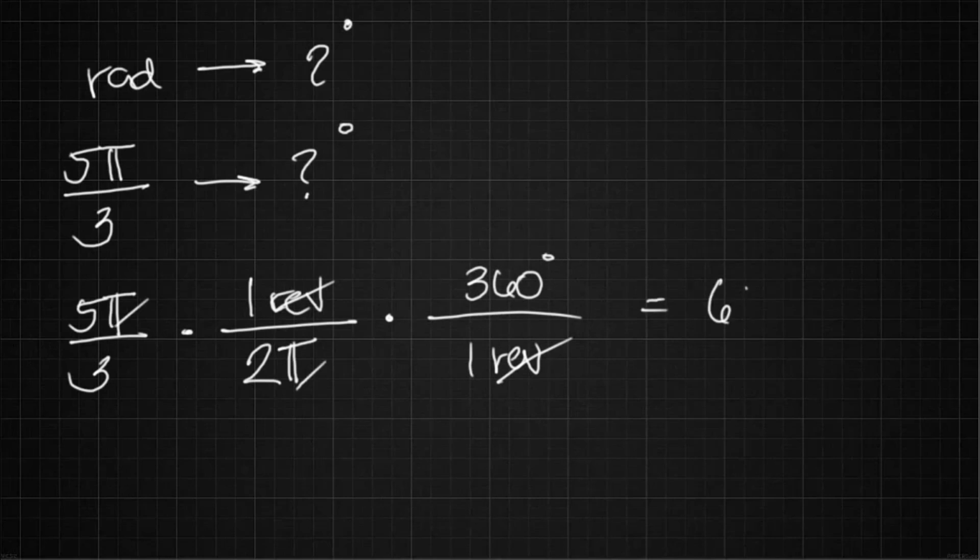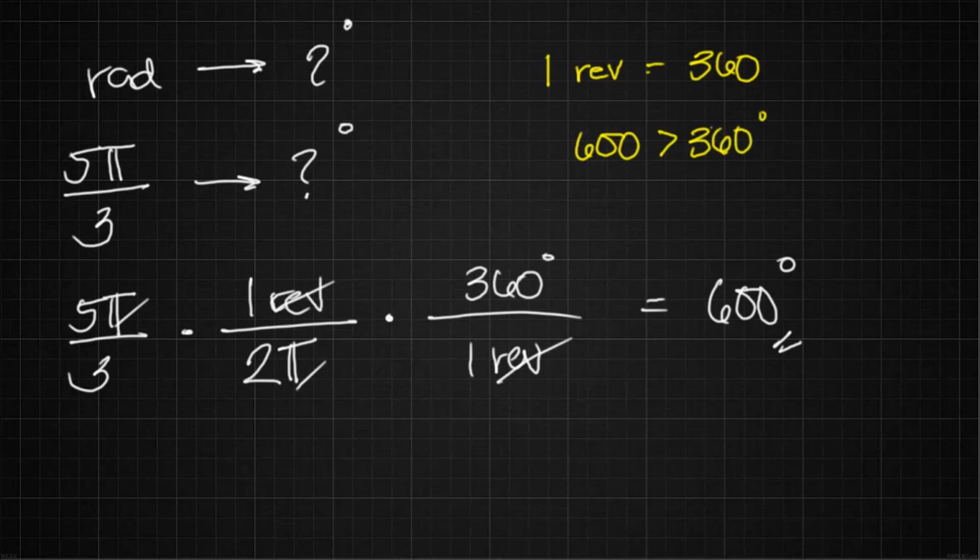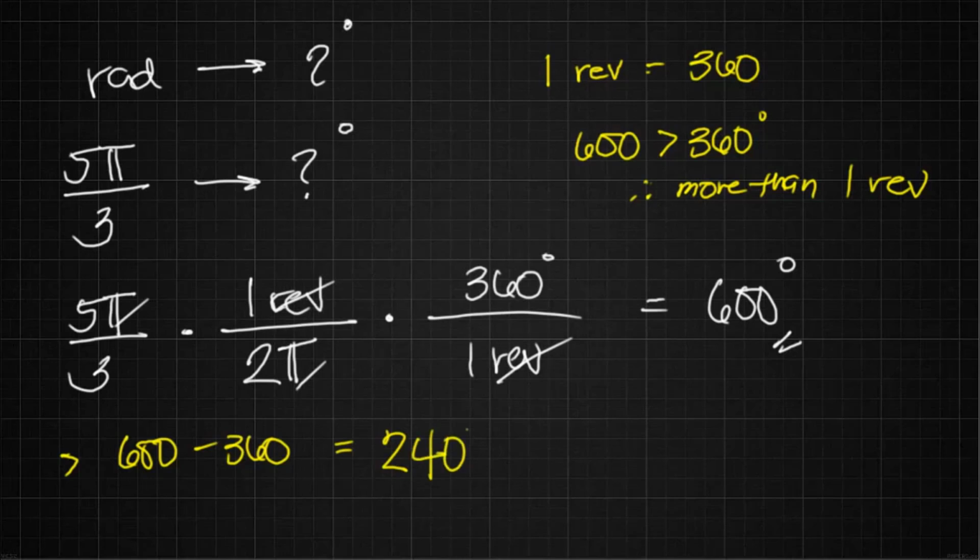In solving, we have 600 degrees, but as you may know, one complete revolution is only 360 degrees. This means that this is greater than one revolution. Now, in order to get the equivalent, which is only less than 360 degrees, we need to subtract 360 degrees here, and we will get 240 degrees. And that is the final answer.